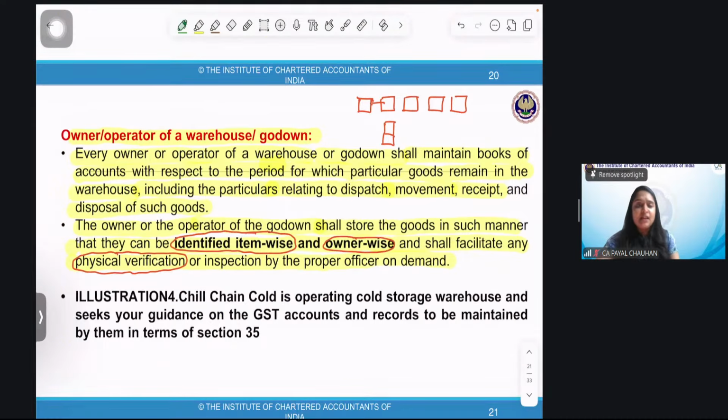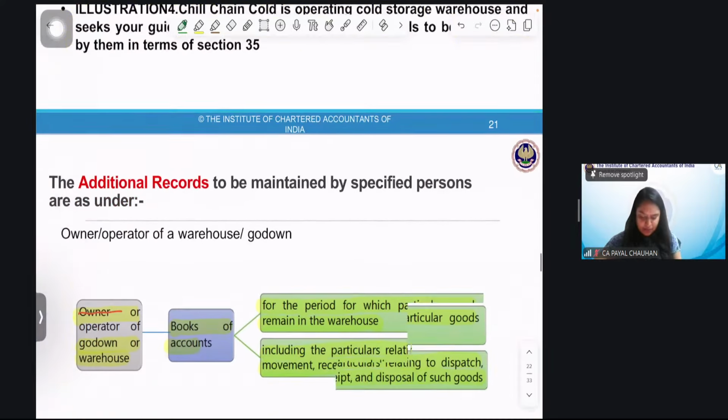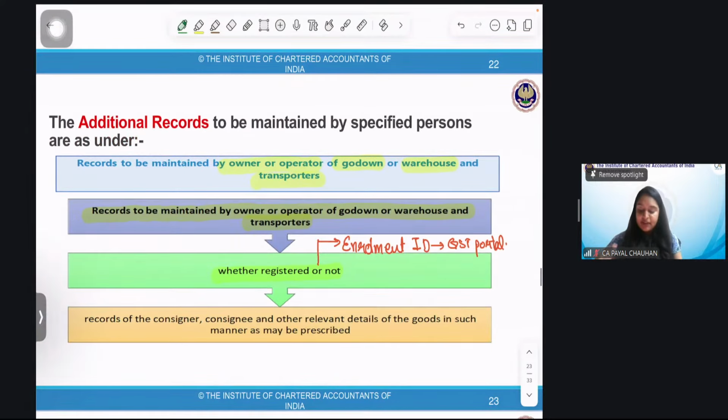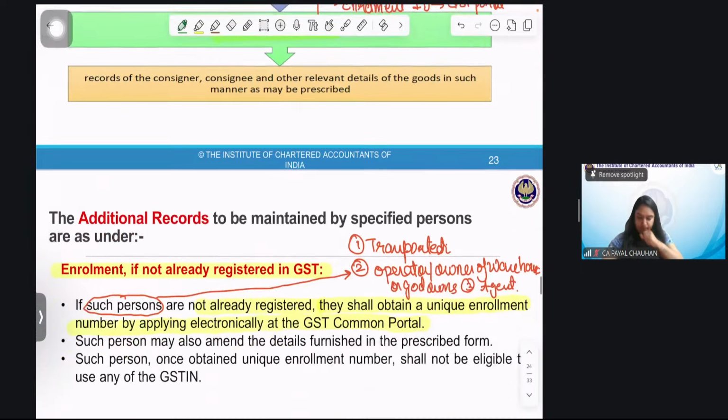The manner prescribed is that the owner or operator of a warehouse or godown should identify the goods item wise as well as owner wise. We've done this ample times, so I'm not taking it more.